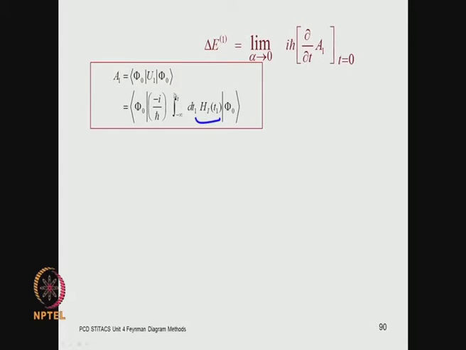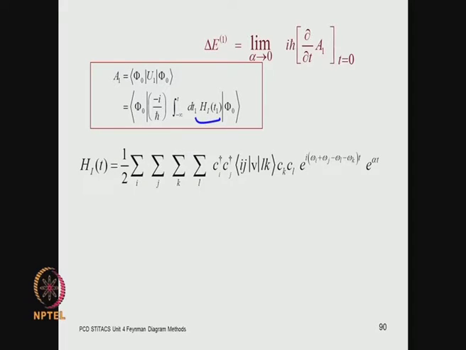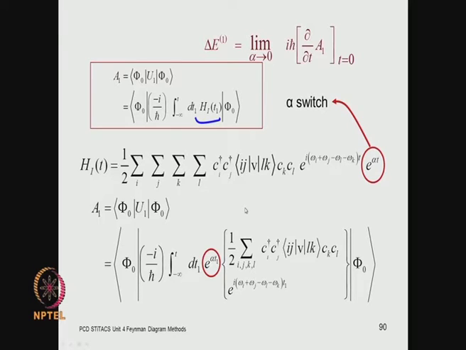Remember that the integration variable, which is the dummy variable, is t1, the limits are minus infinity to the upper limit which is t, which is not a dummy, right. So, HI(t1) for this particular value of t is given by these operators. The e to the alpha t has come from the adiabatic switch.